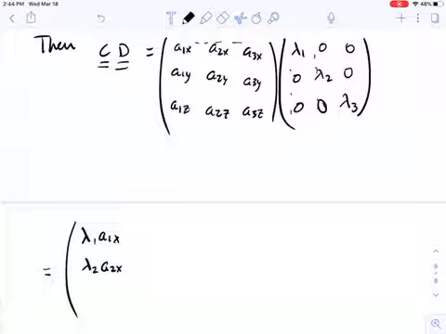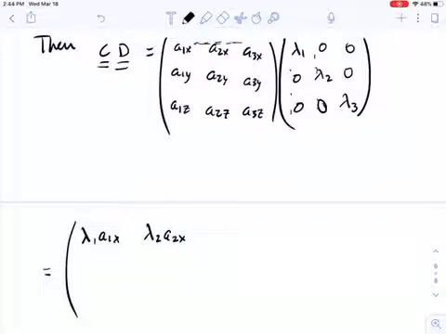Sorry, that's not right. I want this row multiplied by the second column is correct, but I wrote down the result in the wrong place. We get lambda 2 A2x right here.